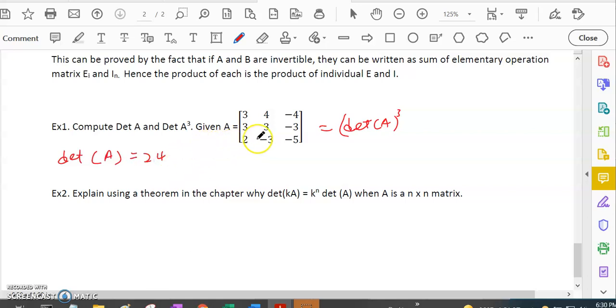If you had to do it by hand, you can factor this out, I think we did it earlier, and then do some elementary row operations. You can do it. So it's 24. So the determinant of A cubed would be 24 cubed, which is equal to 13824.